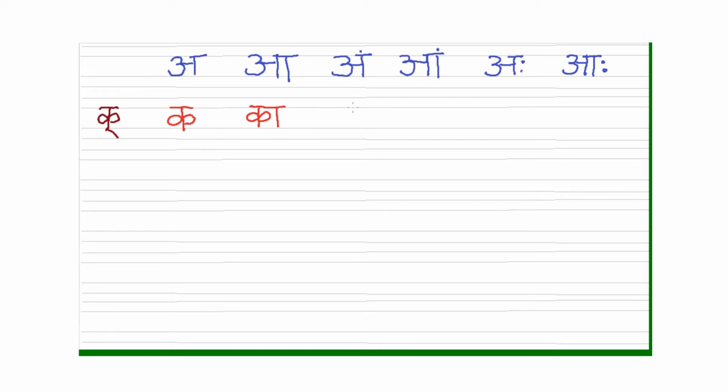Similarly, we do the vyanjanam without the hal. So we now have the ka, and then I'm going to add an anuswaraha on top, kam. Similarly, kaam.